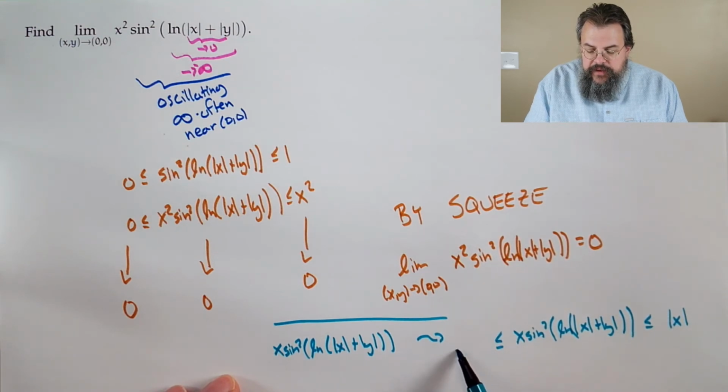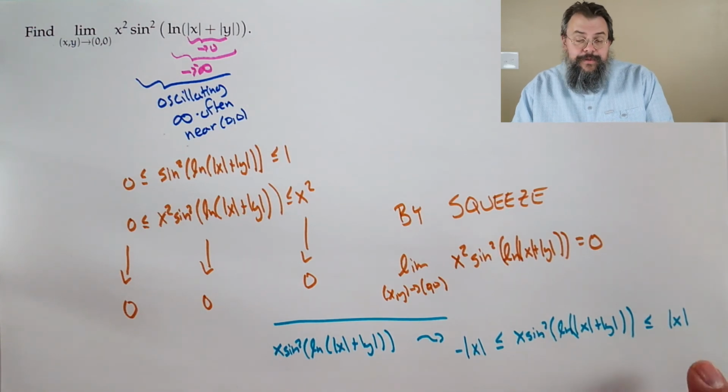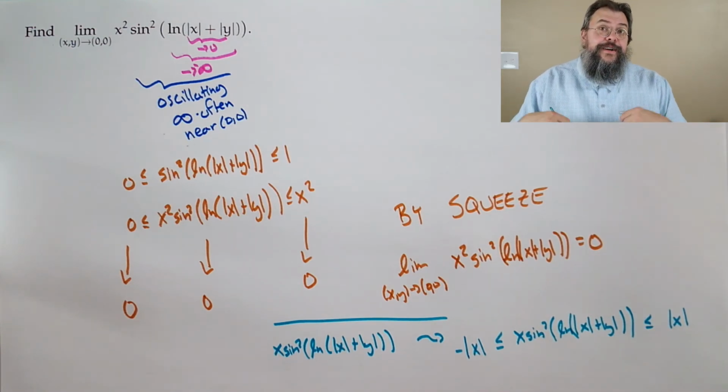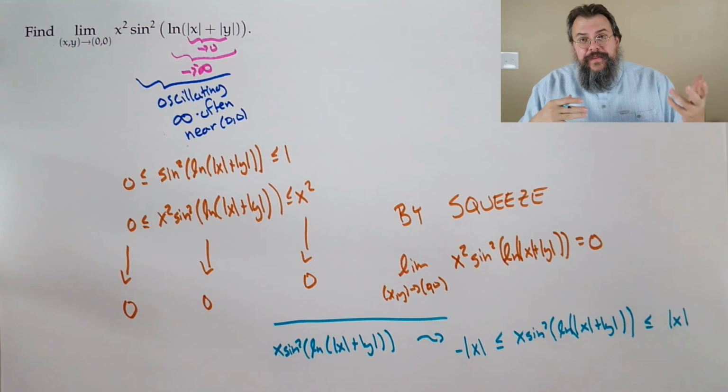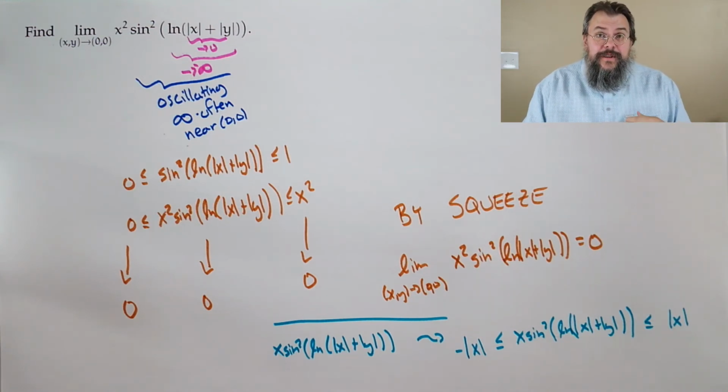So less than or equal to absolute value of x, greater than or equal to negative absolute value of x. You wouldn't want to put x and negative x there because you run into difficulties. Well, what if x had been negative to begin with? That's why it gets more subtle.